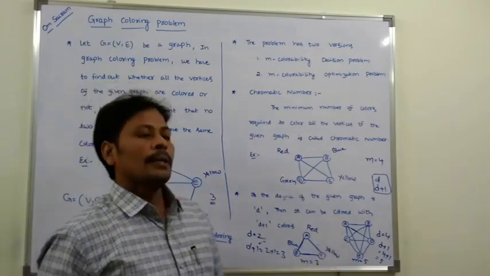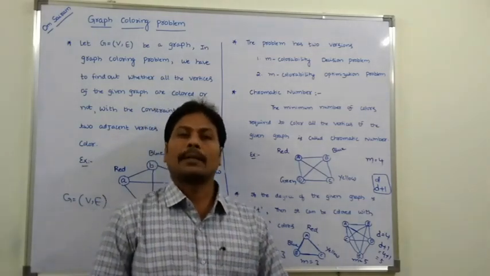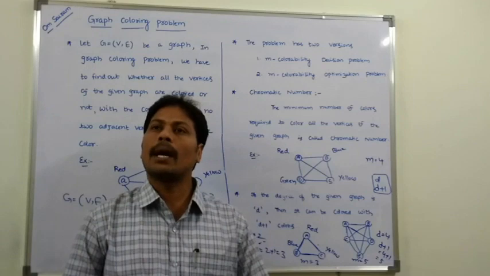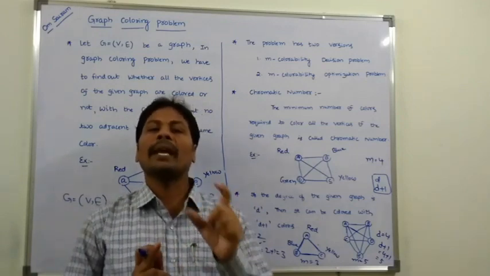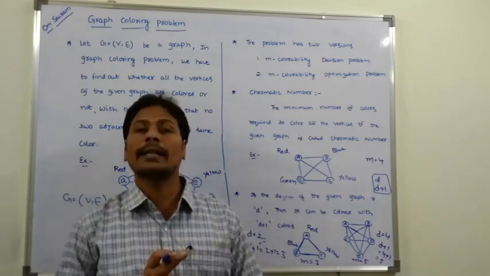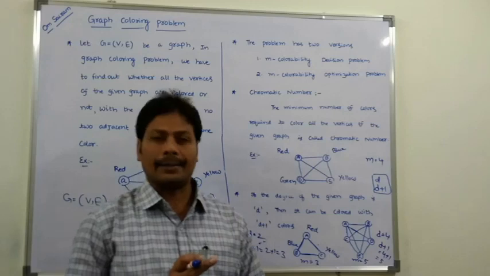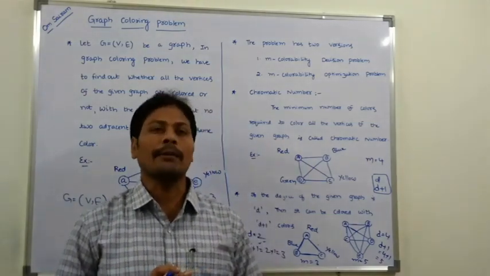Next, suppose we take a complete graph. A complete graph is nothing but, in the given graph, we can take any pair of vertices, and that pair of vertices is connected by an edge. So that graph is called a complete graph.